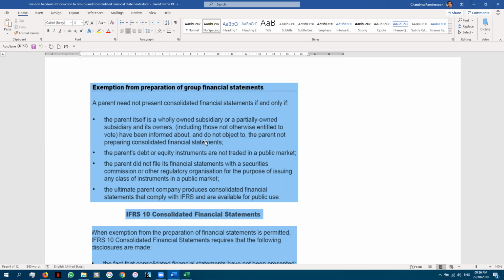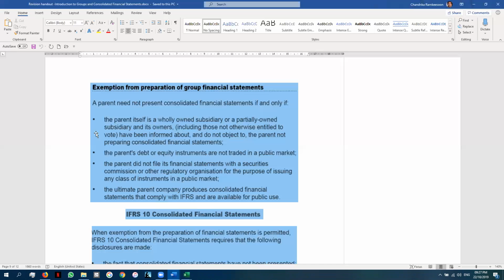The parent's debt or equity instruments are not traded. The parent did not file its financial statements with the Securities Commission or other regulatory organization for the purpose of issuing any class of instrument. The ultimate parent company produces consolidated statements that comply with IFRS and are available for public use.